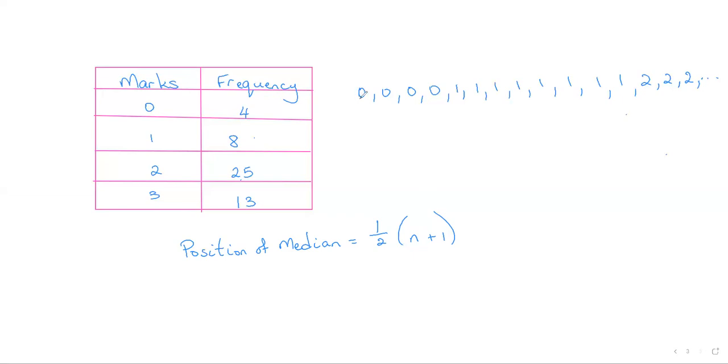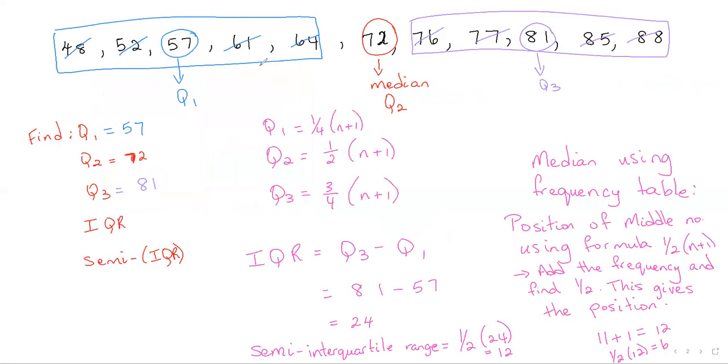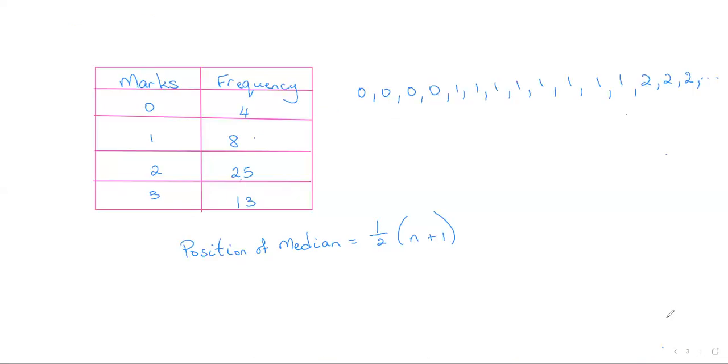Now, if you recall, in the one before, in order to find the position, we added up the number of numbers. Then we add 1 and we found half of it. Now, I can add the 4 numbers from here, plus the 8 ones, plus the 25 twos, plus the 13 threes.